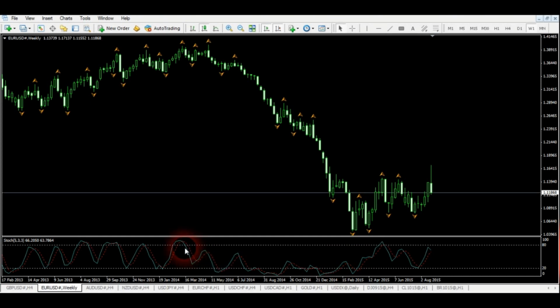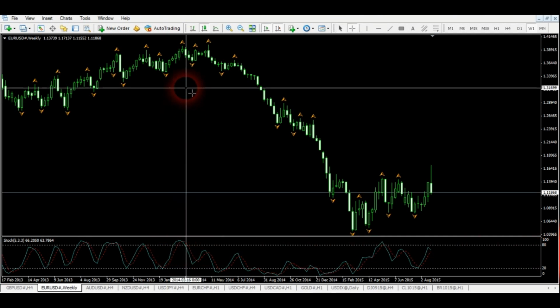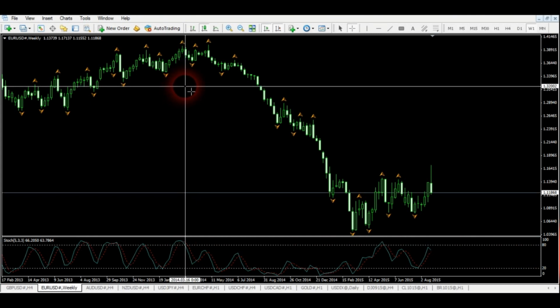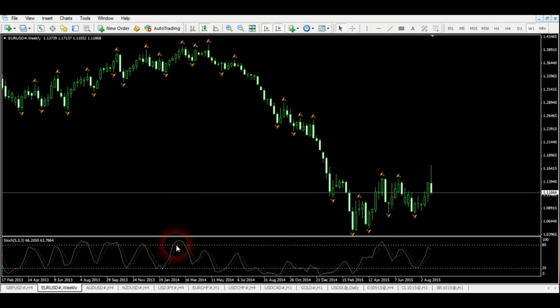like here, the blue line is under the red line and both of them are above the 80 line. And my selling position has started. And I could get profit in the lower wall.